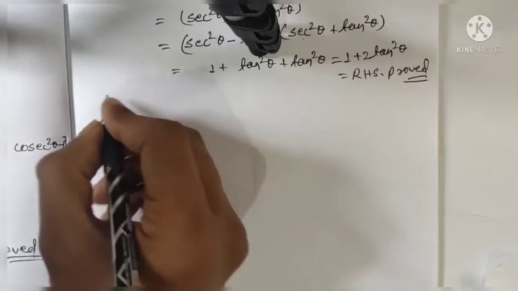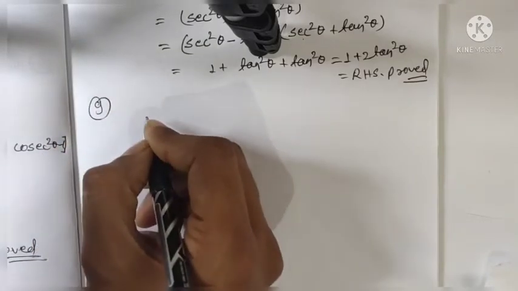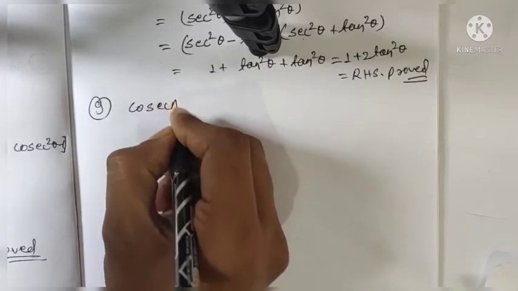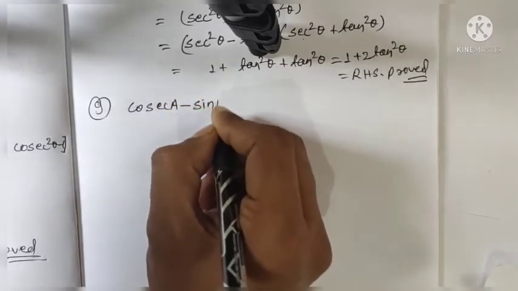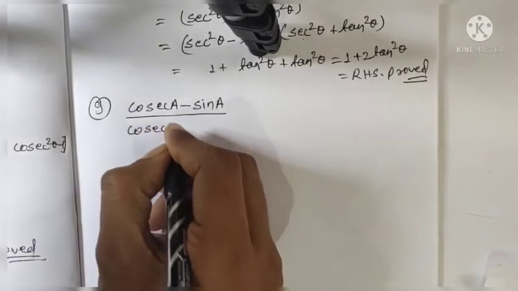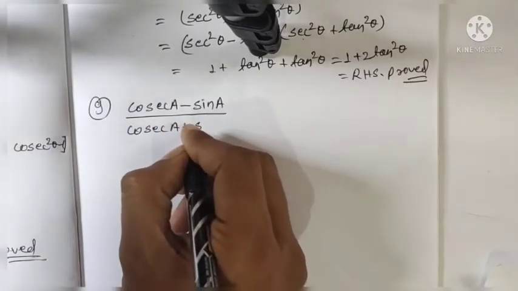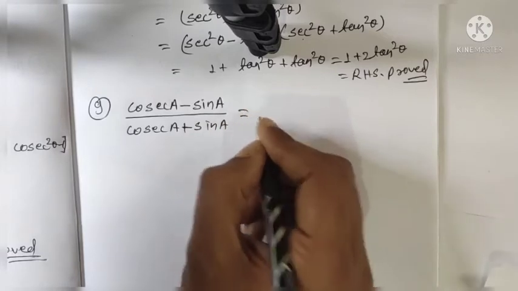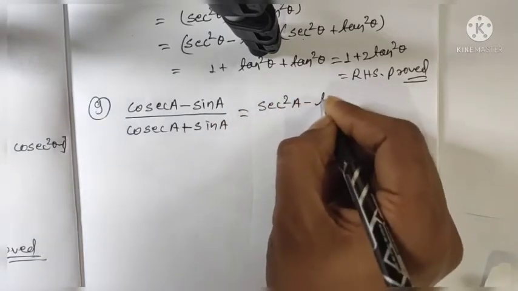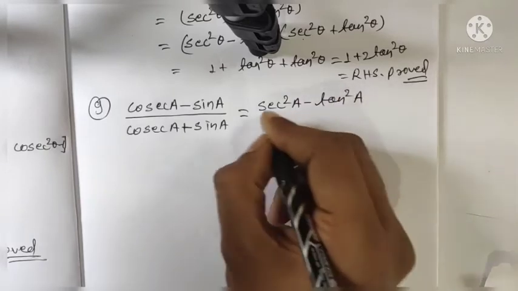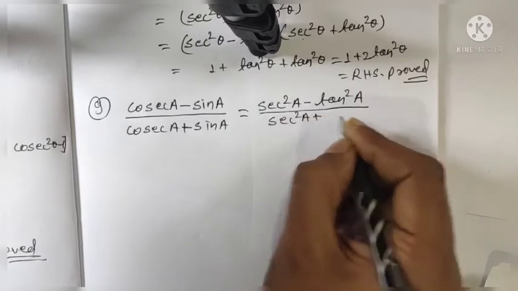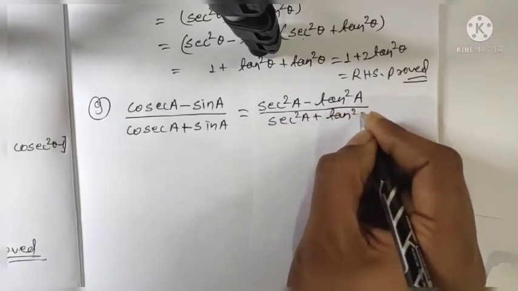Simple. Now question number 9. Question number 9 is (cosec A minus sin A) by (cosec A plus sin A) equal to (sec square A minus tan square A) by (sec square A plus tan square A).